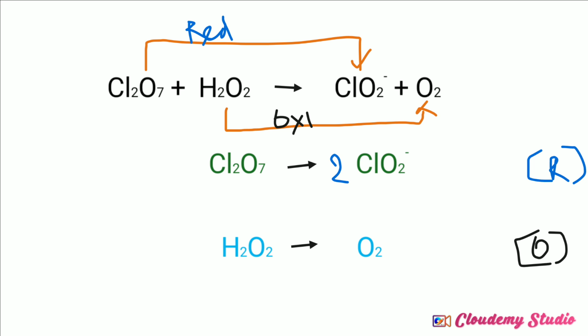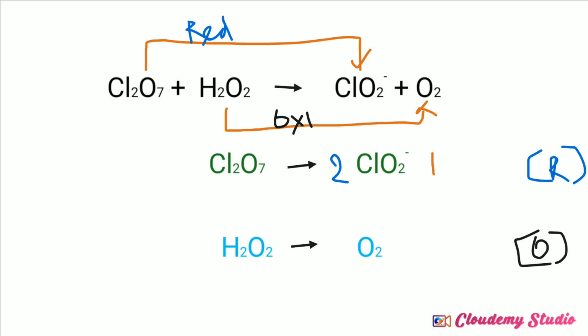When we multiply by 2, on the right hand side 2 times 2, 4 oxygen atoms only. But the left hand side has 7 oxygen atoms. Therefore, what has to be done?